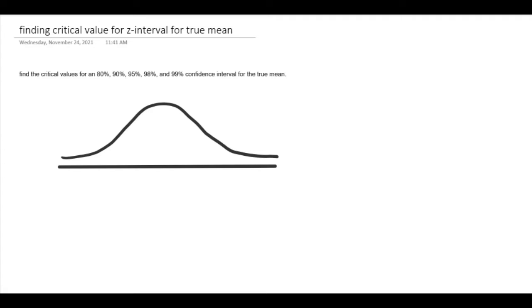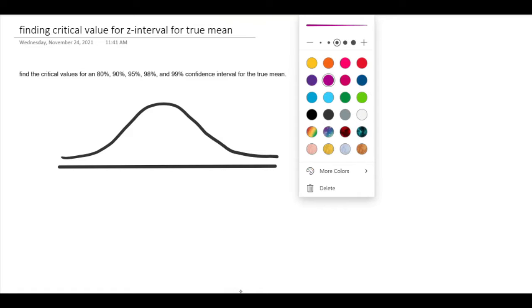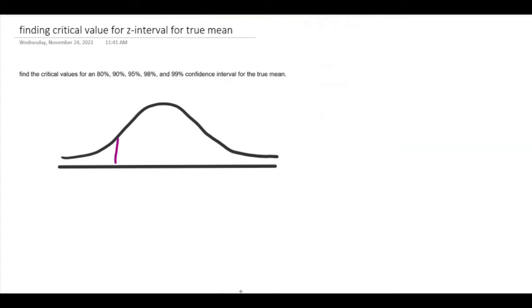And the level of confidence is the area below our bell-shaped curve that's locked in by our critical values. So I'm going to go ahead and put those here.